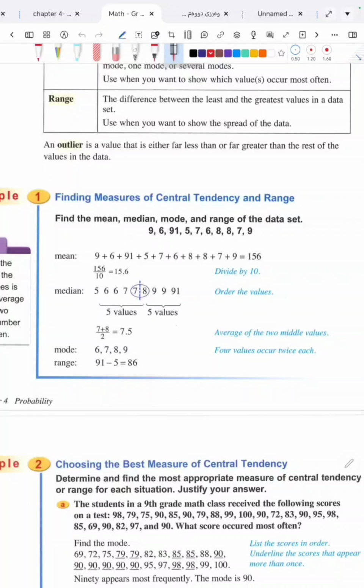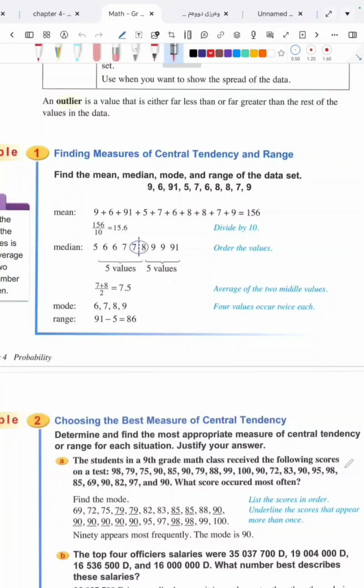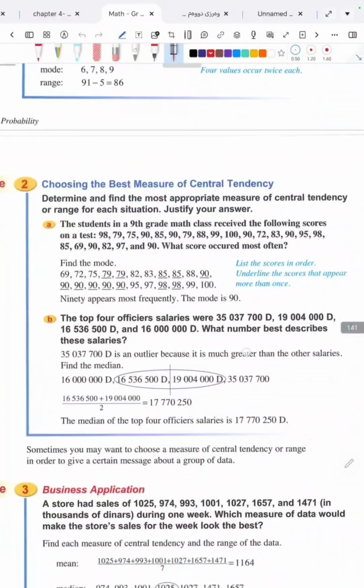As you can see here, 6 is repeated twice, and so are 7, 8, and 9. And range is the difference between the greatest and the smallest one: 91 minus 5 equals 86.